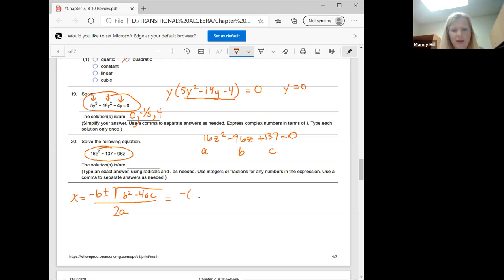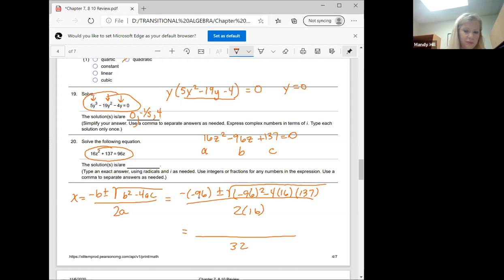So this would be negative 96 plus or minus the square root of negative 96 squared minus 4 times 16 times 137. That looks like that's going to be a really big number, all over 2 times 16. Well, I know 2 times 16 is 32. Okay, I know a negative 96 is just 96.